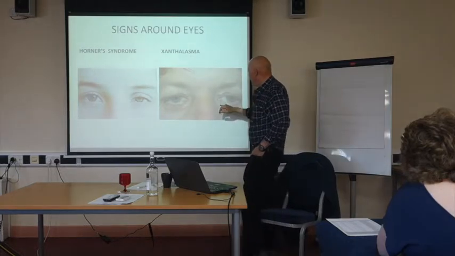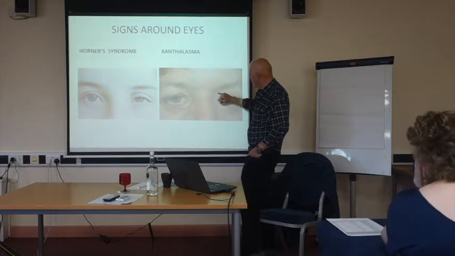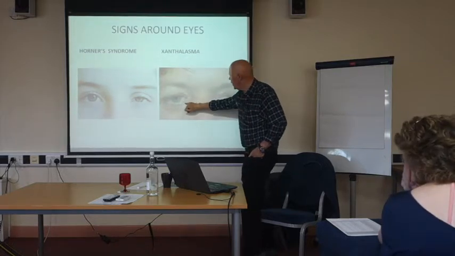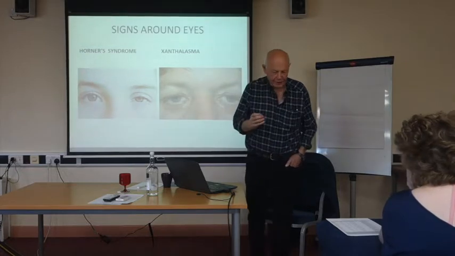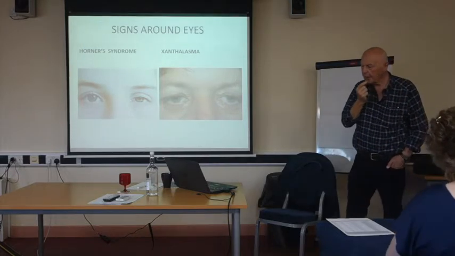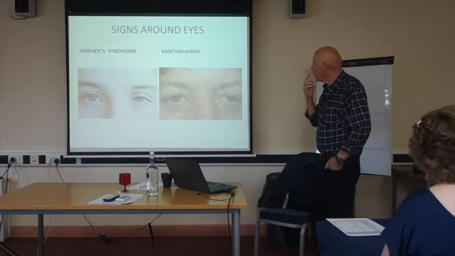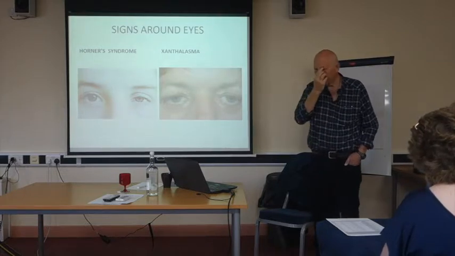Another thing around the eyes, if you look in this area here, here, here, here, you've got these kind of yellowish white blistery looking things, and they are deposits of lipid around here.